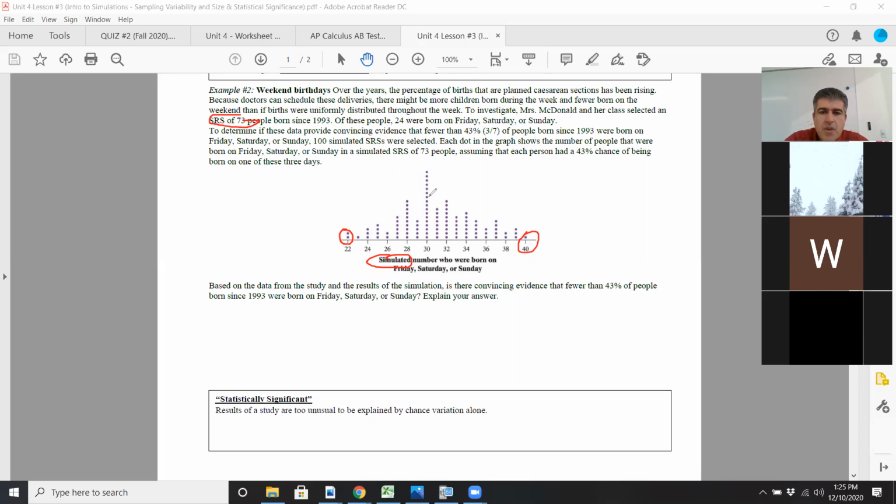So we see that most of our data falls over here. Well, 30 out of 73, if I use a calculator for that, or I'll use my cell phone, is about 41%. That's where most of my data lie.